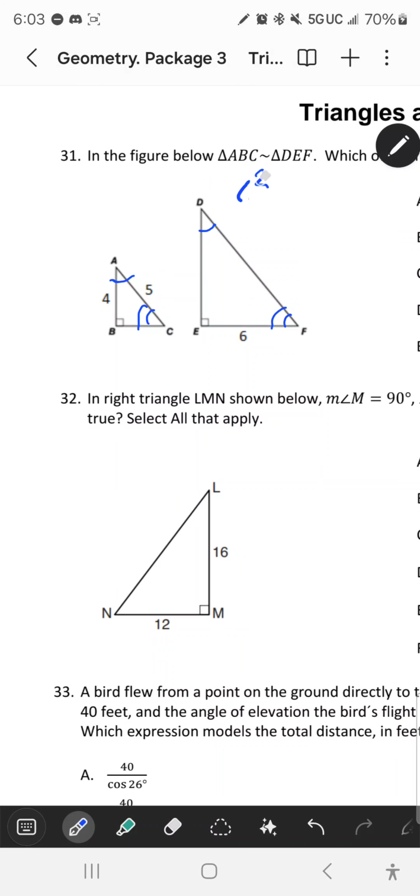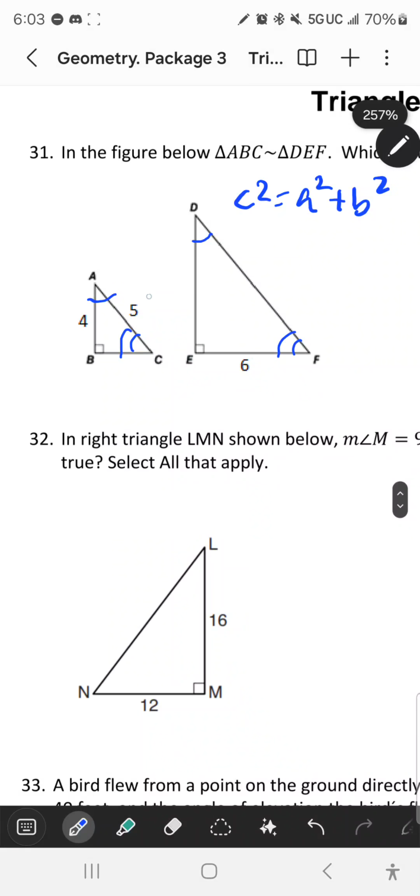I know that c squared equals a squared plus b squared because of the Pythagorean theorem, c being the hypotenuse and a and b the categories, or the legs of the triangle. So I know the hypotenuse is the long side, the one opposite to the 90 degrees angle. So it will be 5 squared.